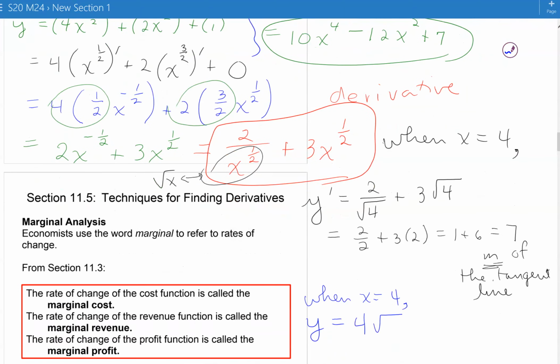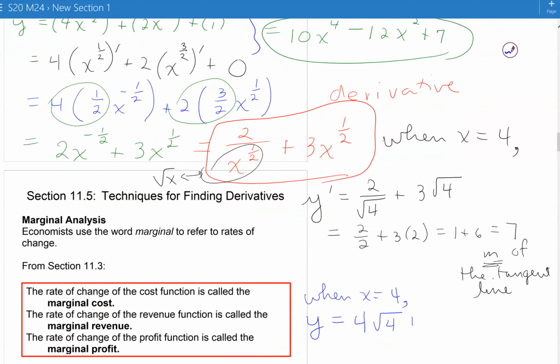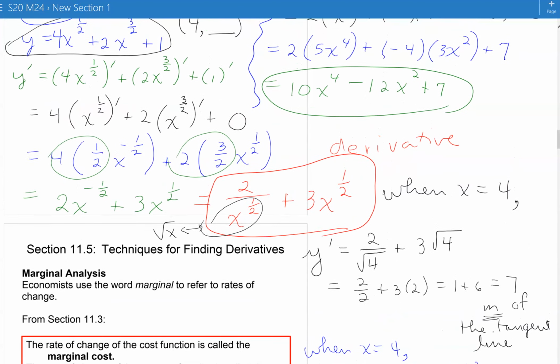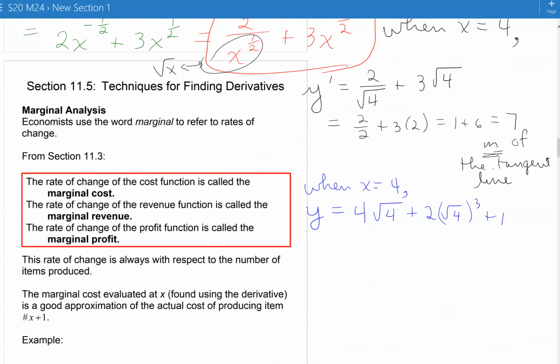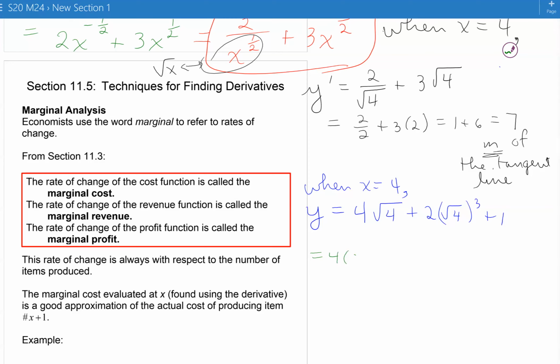And I'm going to get 4 times the square root of 4 plus 2 times the square root of 4 cubed plus 1. So that's going to be 4 times 2 plus 2 times 2 cubed plus 1.